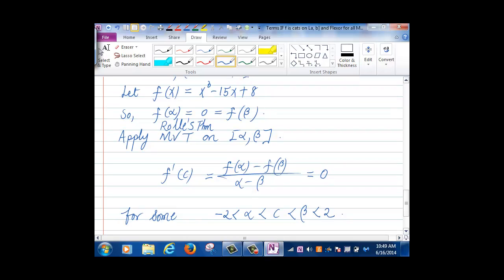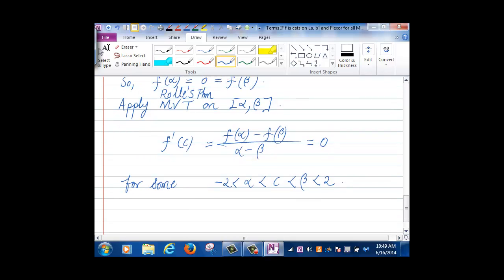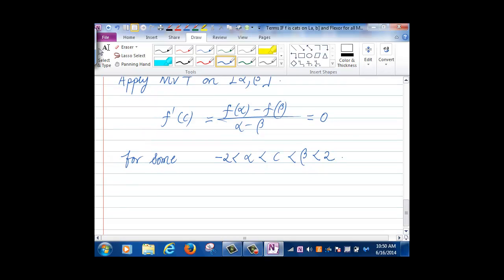So our assumption that we have two roots led us to the conclusion that the derivative must vanish somewhere between -2 and 2. And I'm going to show that that's not possible, because what is f prime of x? f prime of x is 3x squared minus 15.